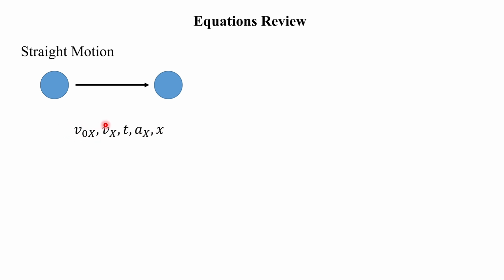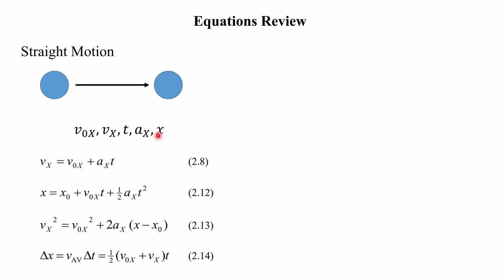If we know 3 of the parameters, we can solve the other 2. We have 4 equations to solve for these parameters. Each formula contains 4 parameters, and if you know 3 of them, you can solve for the remaining 1, and if you know 4 of them, then you can solve for the 5th parameter.